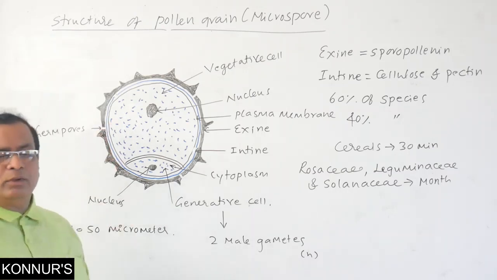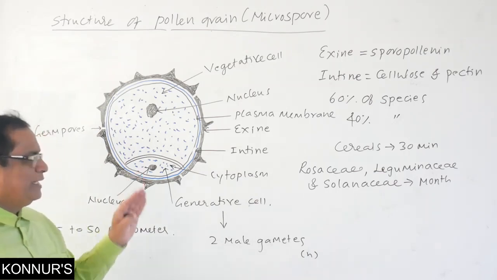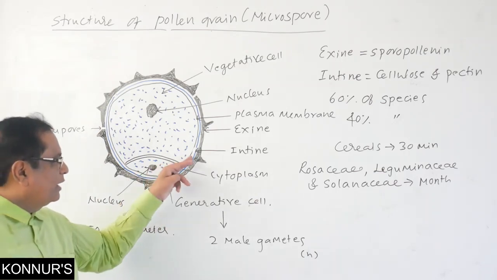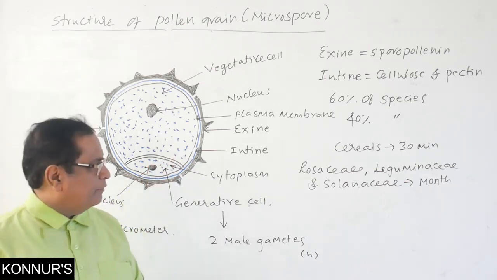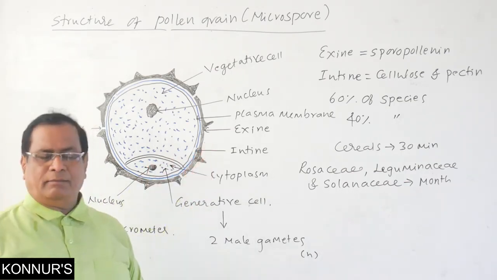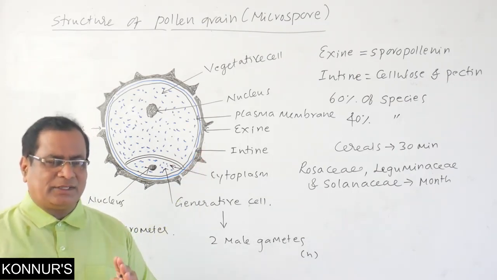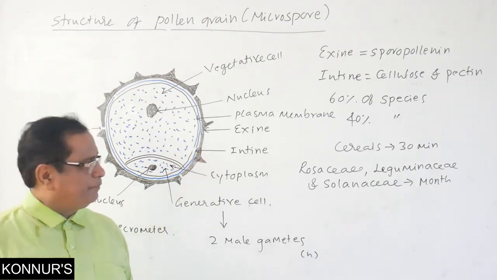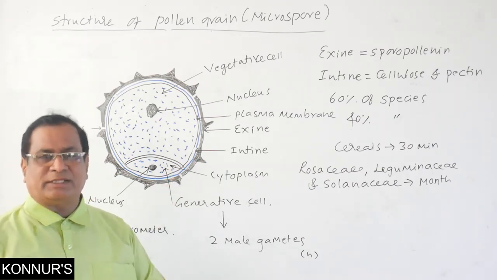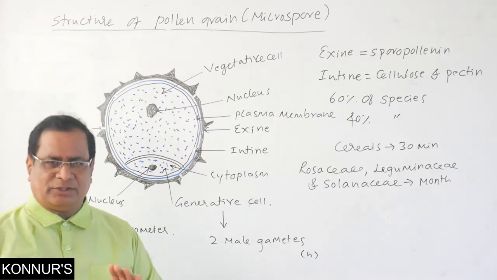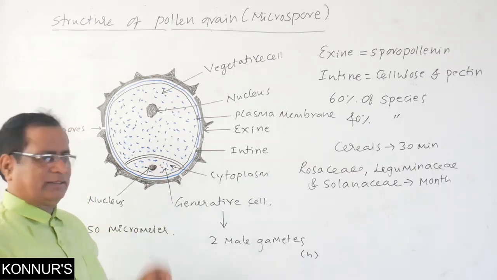They have two wall coverings. The outer one is named exine, the inner one is named intine. Exine is made up of sporopollenin, a very hard and highly resistant organic material. It can withstand high temperature, and even the action of strong acids and bases.